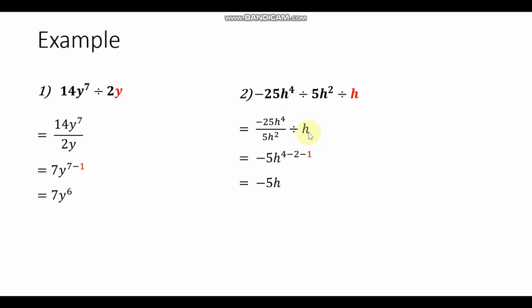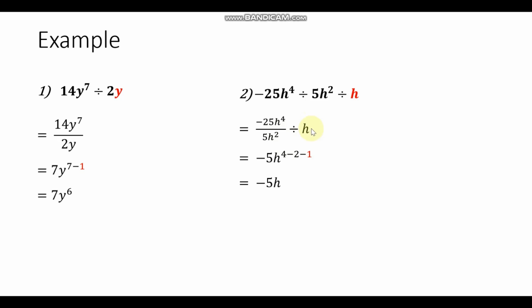Okay, next step. Negative 25 divided by 5, we have negative 5. And the h, we copy down. And then we use 4 minus 2 and then minus the 1 here.